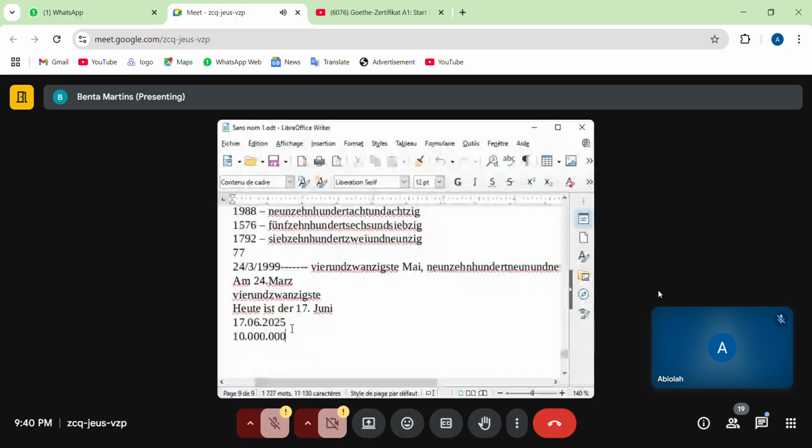In German you're going to use dots for large numbers, like from 1,000, 2,000, 10,000. But not for years like 2025. If it's a year you don't put it, but if it's a normal number, you put the dot.